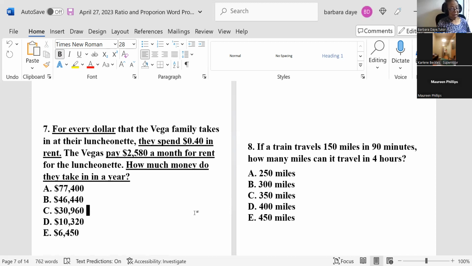It's like every dollar that they take in at the luncheonette. So this Vega family owns this luncheonette, right? Well, they rent the luncheonette, okay, because they're paying rent. How much money do they take in a year?